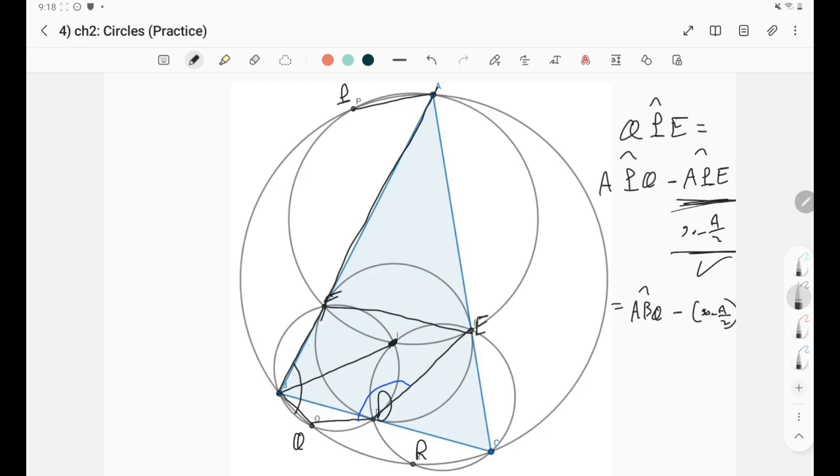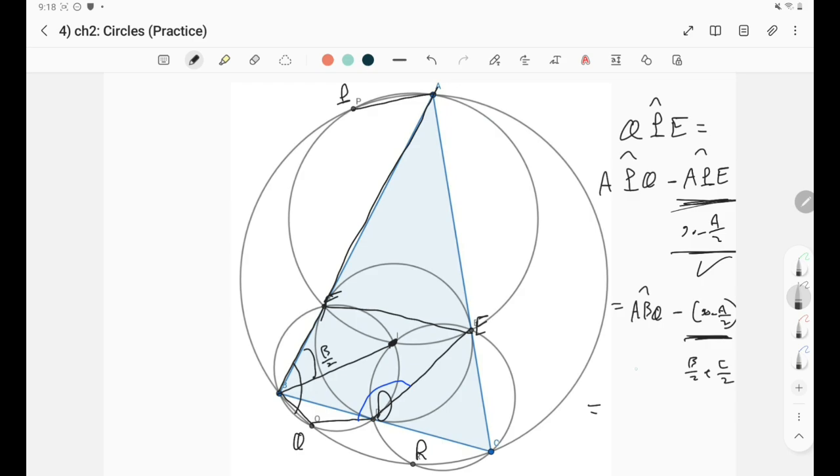And what we're working with is all of this angle minus 90 minus A over 2. Remember 90 minus A over 2 is B over 2 plus C over 2. So we're subtracting like ABQ minus B over 2 plus C over 2. So that means this thing here is already B over 2. So this minus B over 2 is already something nice.